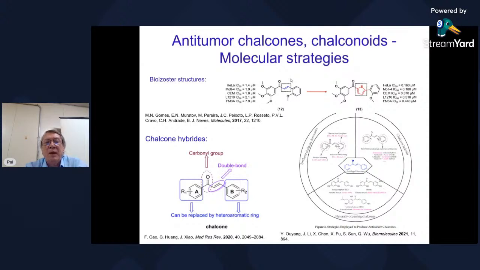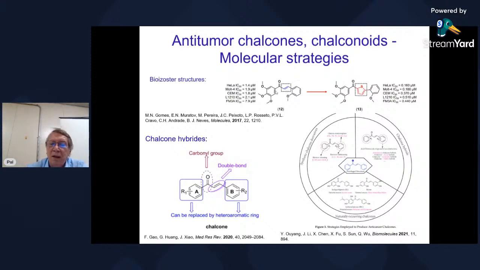Let's see the most common molecular strategies of using chalcones as anti-cancer agents.